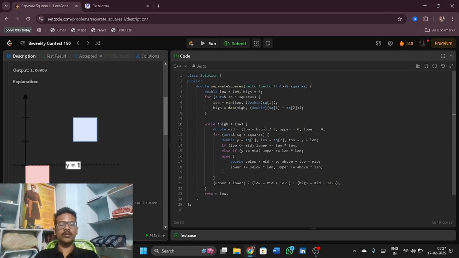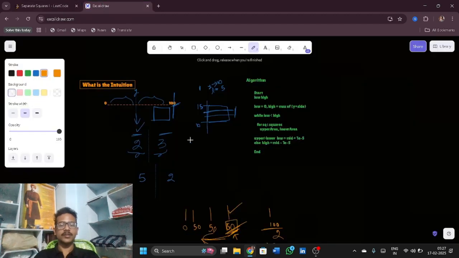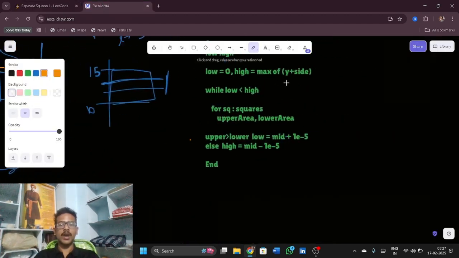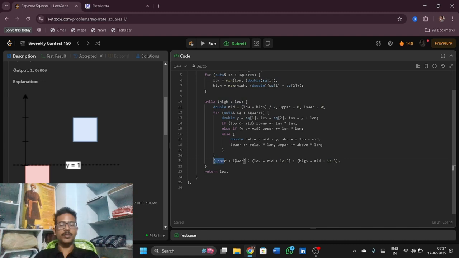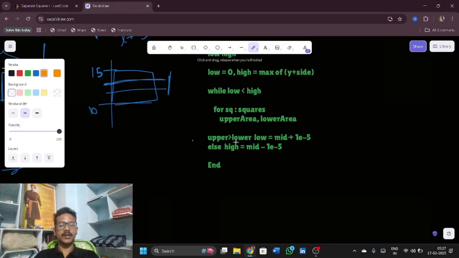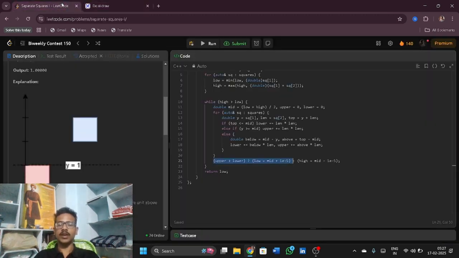So high will be initialized as I said, the square of 1 max of y plus side, and then while low is lesser than high, if upper is greater than lower, low is equal to mid plus 1e-5, and if not, high is equal to mid minus 1e-5.